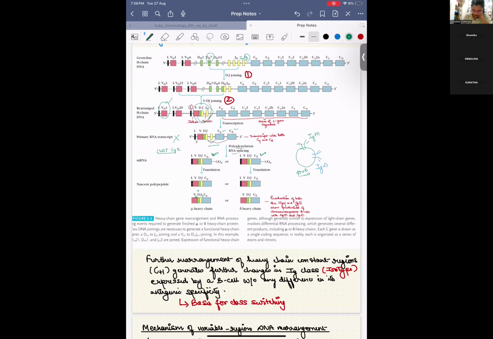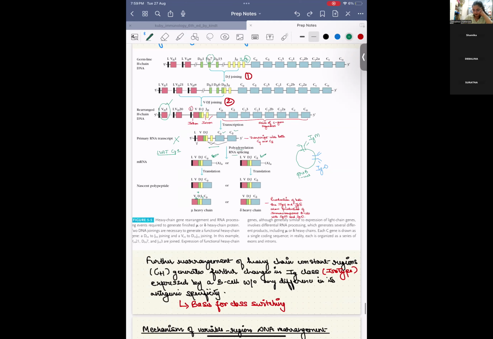This is fixed, if you see here, right? The VDJ combination happens first and then different C regions can come and join. So after antigenic commitment, we have this combination fixed. In class switching, only this can now have introns and all, by using which it can join to any of the constant regions.